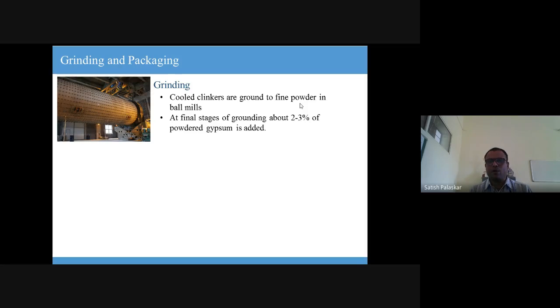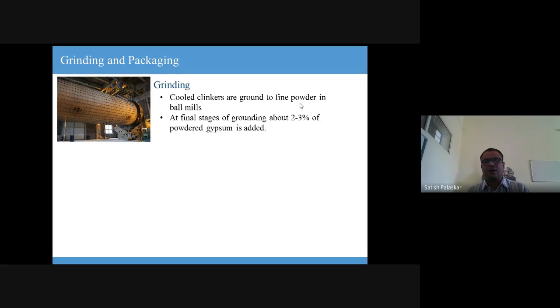What happens when that is rotated? The balls will strike each other, and whatever comes in between the balls gets ground into a very fine powder form. Same thing over here, ball mills are used.